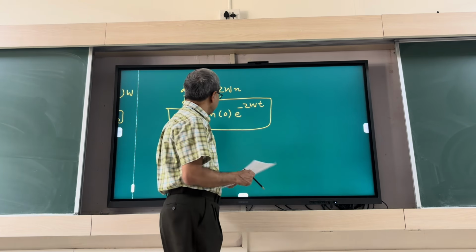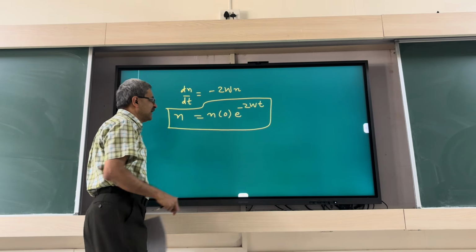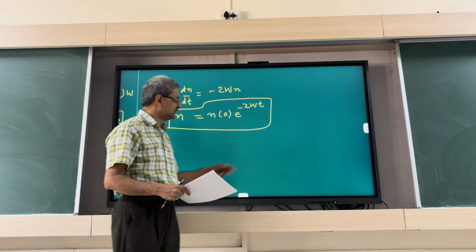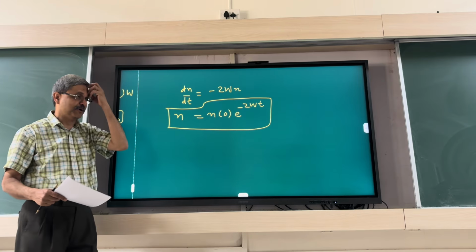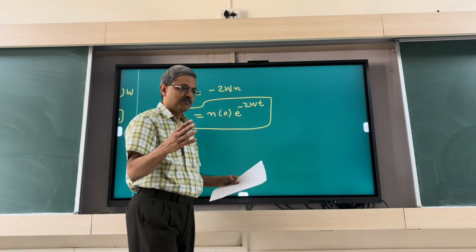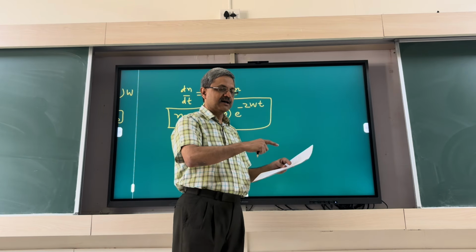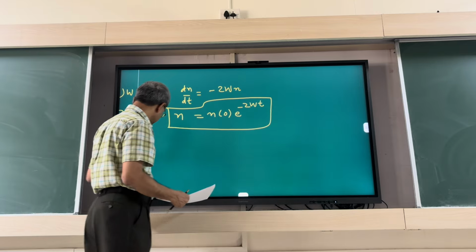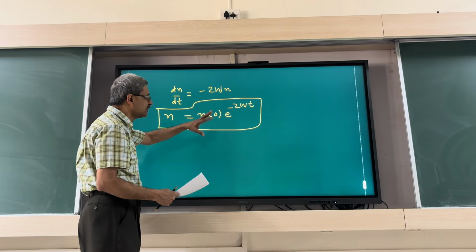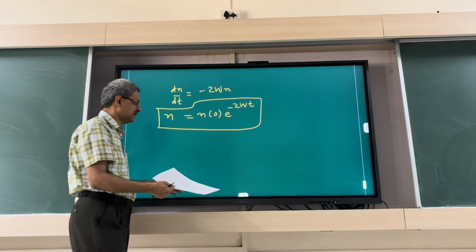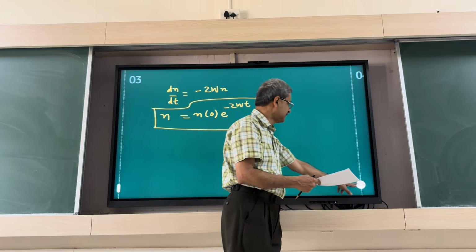Next, we want to also take into account the fact that there is a lattice. So how does that change things? In a real experiment, of course, you have an AC field which is causing these transitions, but you also have a coupling with the lattice, which is also driving transitions between the two states. It's a combination of these two which will determine finally what the population difference is. So let's see how that happens.